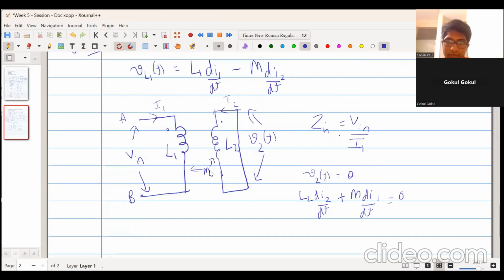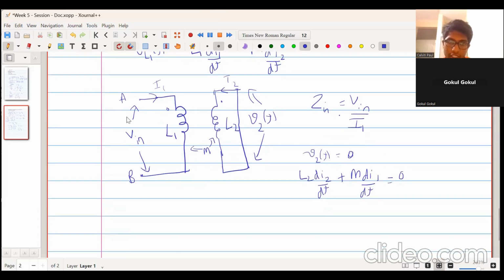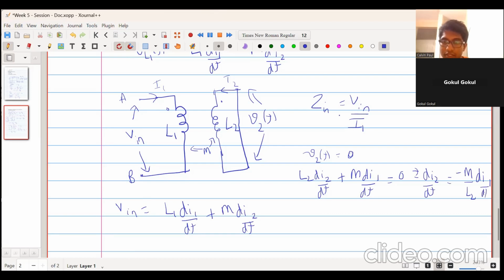Similarly, for the voltage over here, when we apply KVL for the first coil, we get V1 is equal to L1 di1/dt plus M di2/dt. Alright. So when we simplify this, we get di2/dt is equal to minus M upon L2 into di1/dt.